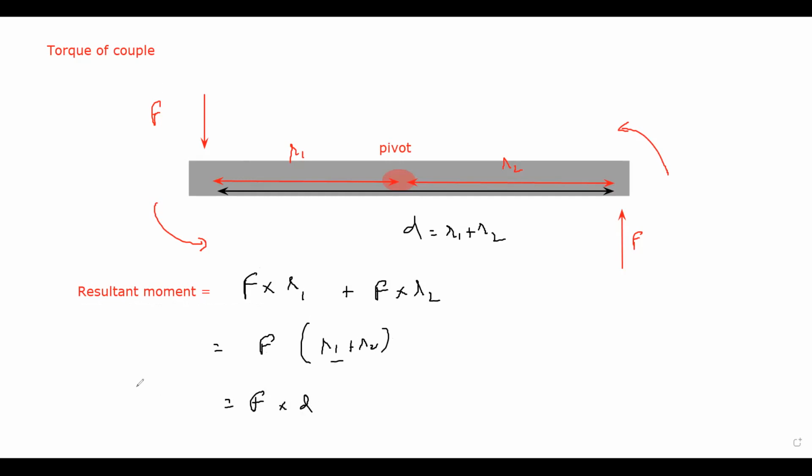So when two identical forces produce moments in the same direction, what do we call that? We call that the torque of a couple.